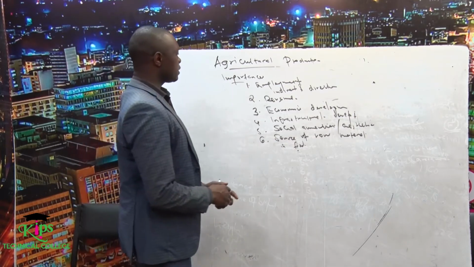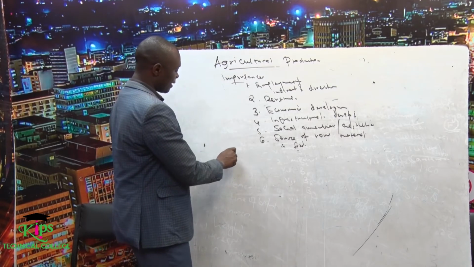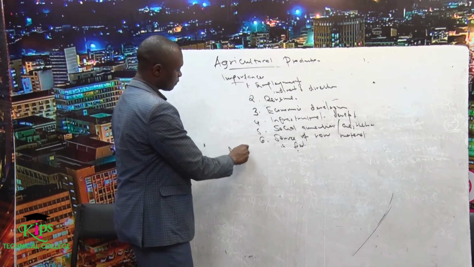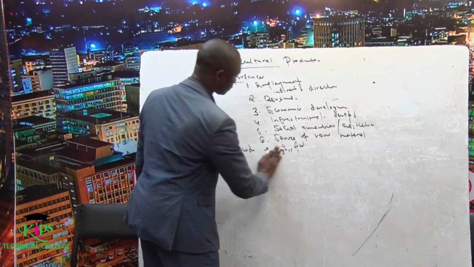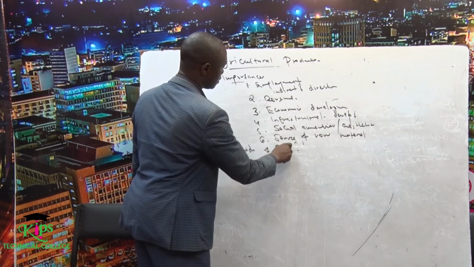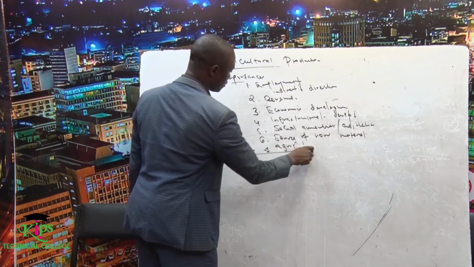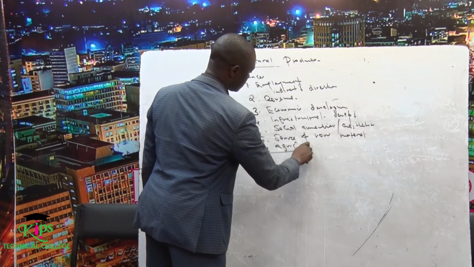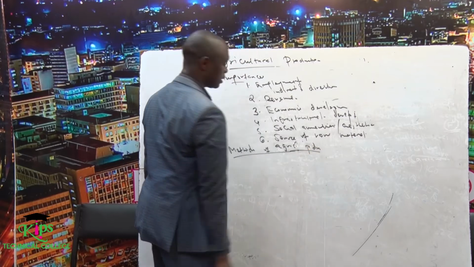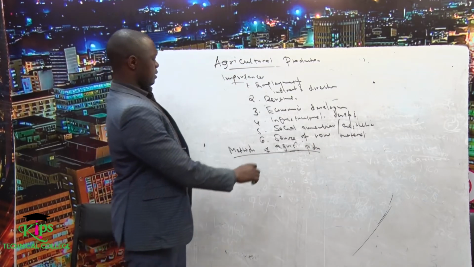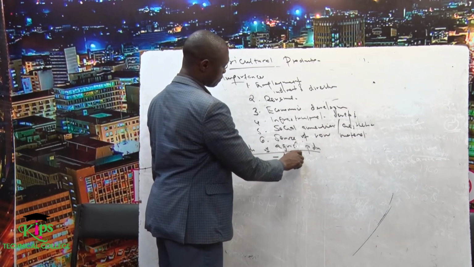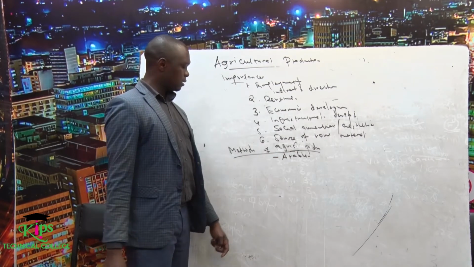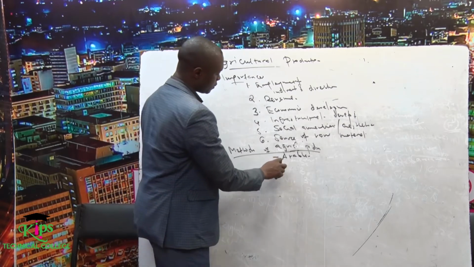Now, apart from this, we also want to mention the methods of agricultural production. The main methods of agricultural production include arable farming, which we have explained in our notes.